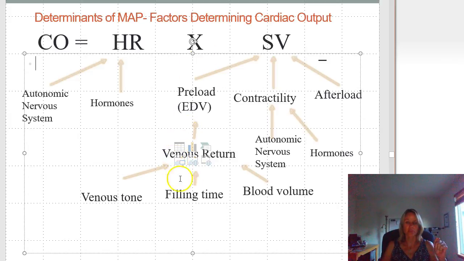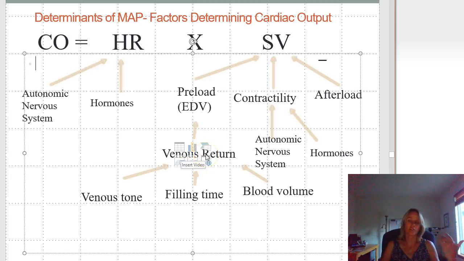Venous return is also going to be dependent upon filling time, and filling time is dependent upon the heart rate. So we could say the greater the heart rate, the less time we have for filling, and the lower the venous return. Now, however, in exercise, we still see an increase in venous return because we have other factors going on.